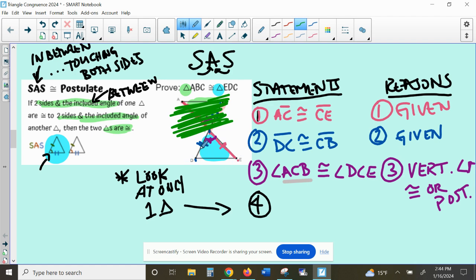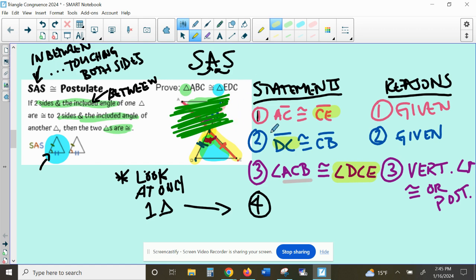So it looks like I have D to C, that's right here. That is a side. Then I have C to E. That is another side. And then it looks like I have this angle here, which is this angle right here.